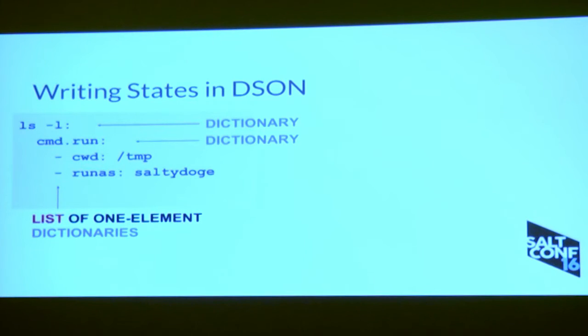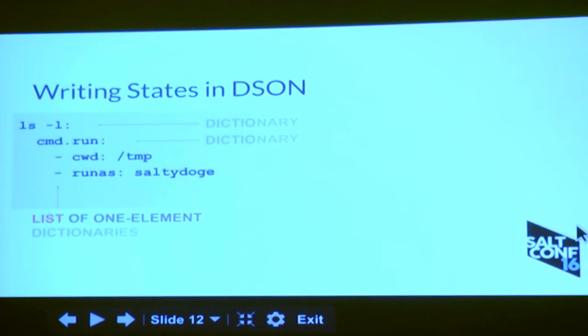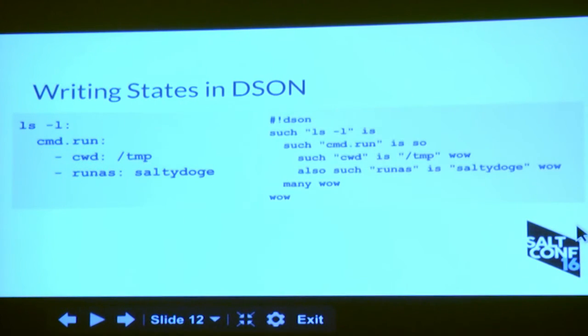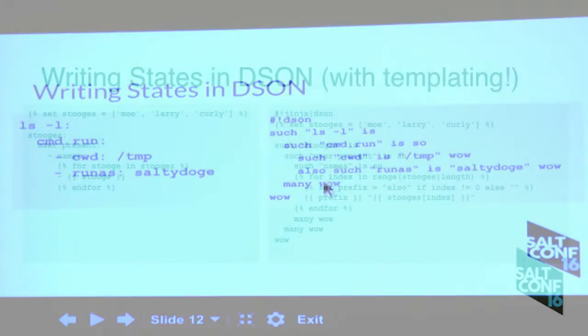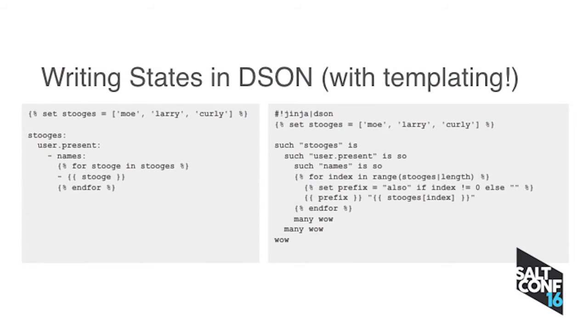So, to reproduce that, we end up with something that looks like this. This being a dictionary with another such wow and a list of parameters, each of them one-element dictionaries.